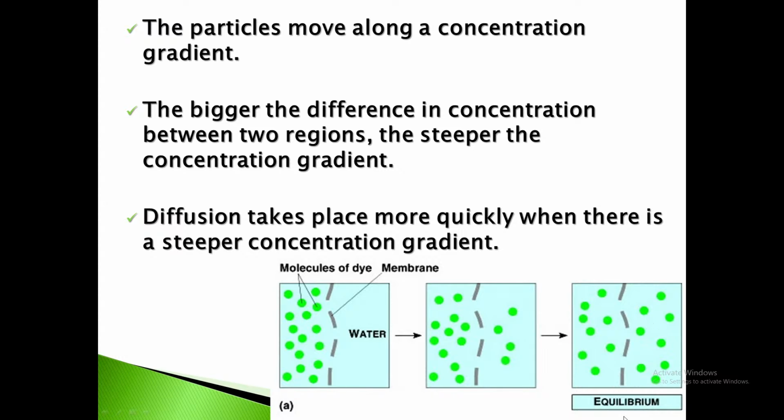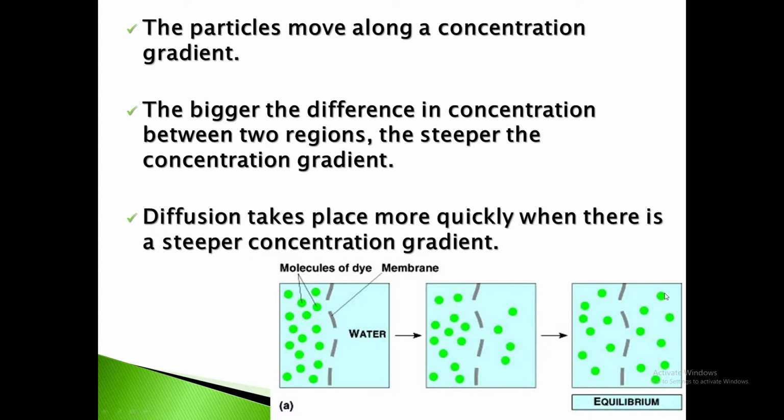If you realize, down at the bottom it says equilibrium, and equilibrium means equality. So that simply means that throughout the entire region of this box, there is equality, or the particles are spread out evenly.